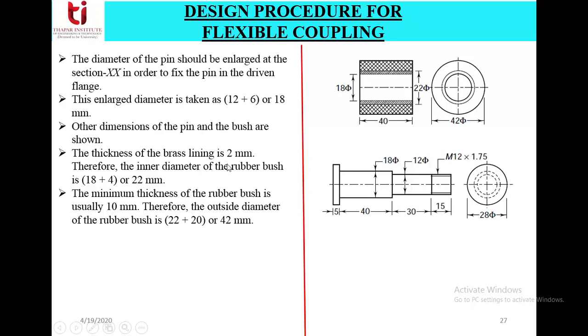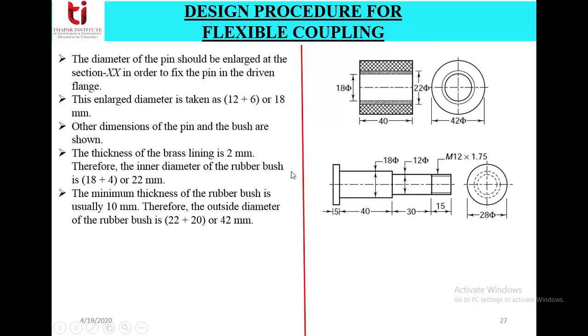So what are the dimensions of the bushes? Pin and the bush are shown. The thickness of the brass lining, because there is a brass lining here, this is a pin, the pin has to be inserted through this. The brass lining is this, you can see in between the bush and pin, it is 2 mm. Therefore the inner diameter of the rubber bush is 18 plus 2 plus 2, that is 22 mm.